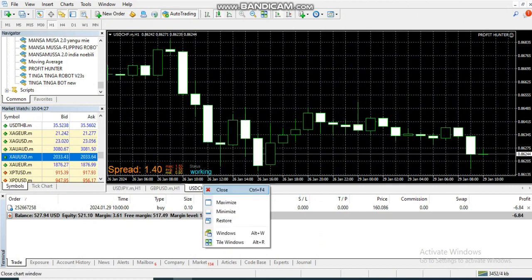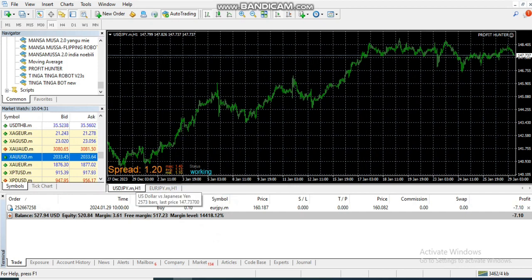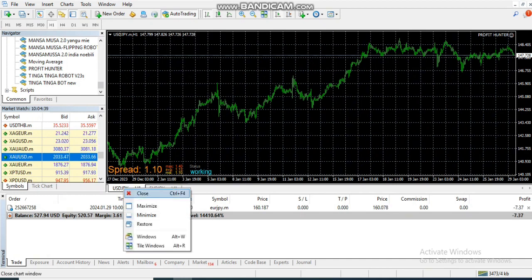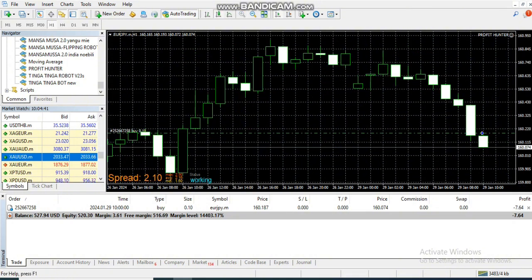We just close other pairs because they have not got the entry. So we remain with only EURJPY. We close all of this. So we remain with only Euro USD, and the direction of the Euro USD is in buy direction.